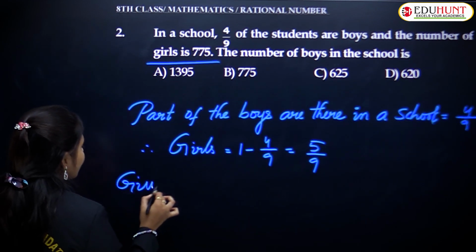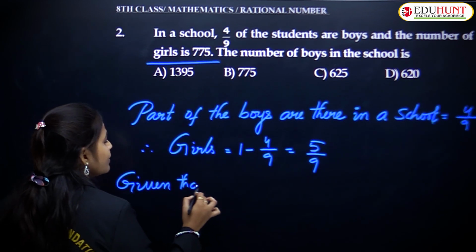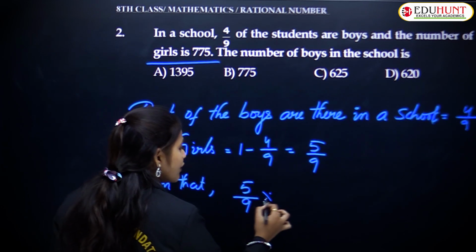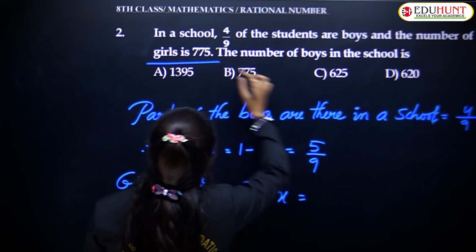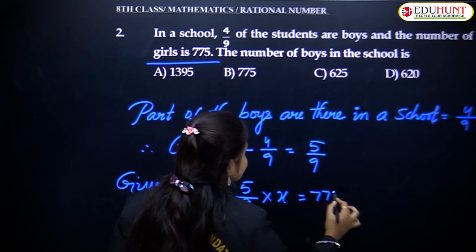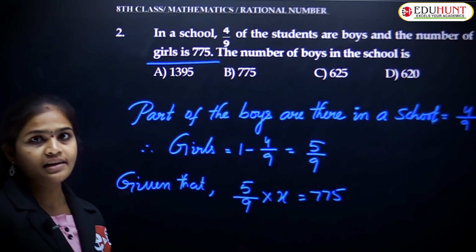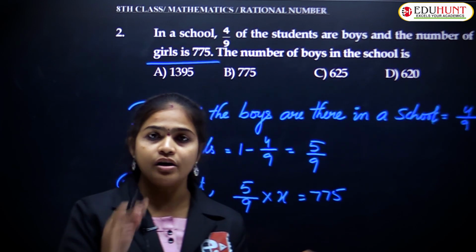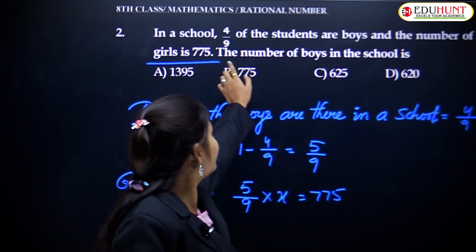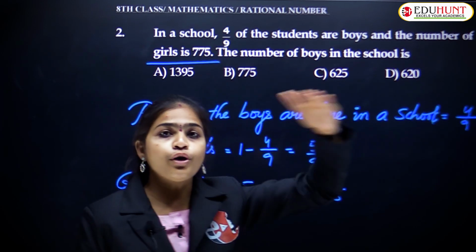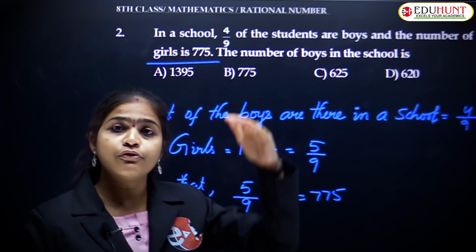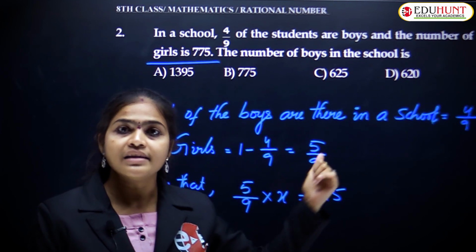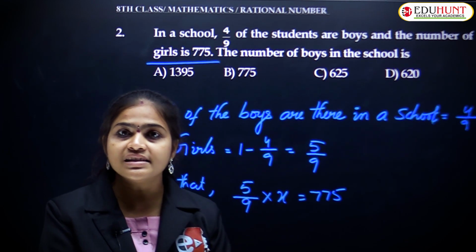So here they have given the number of girls. So number of girls means 5 by 9th part of x is equal to 775. Understand? So in a school, totally some number of students are there. Out of all the students, 4 by 9th part of the total students are boys. So what is the part of the girls here?